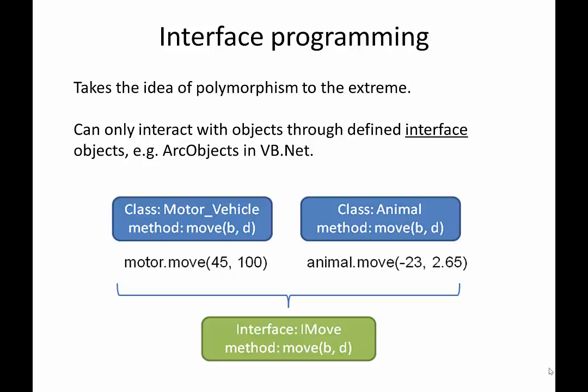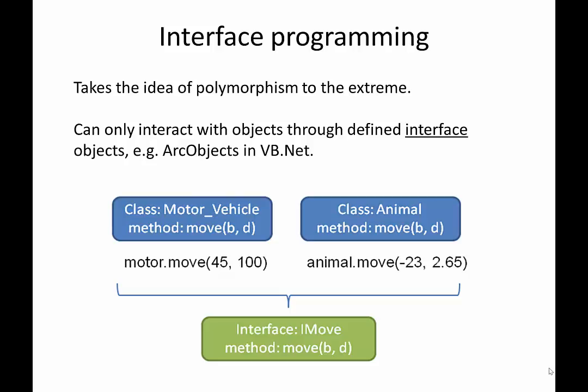What they make you do is create a new thing called an interface, a move interface, onto one of these objects, and then you've got one method, move, so you use the interface to interact with the class rather than directly working with the class itself.